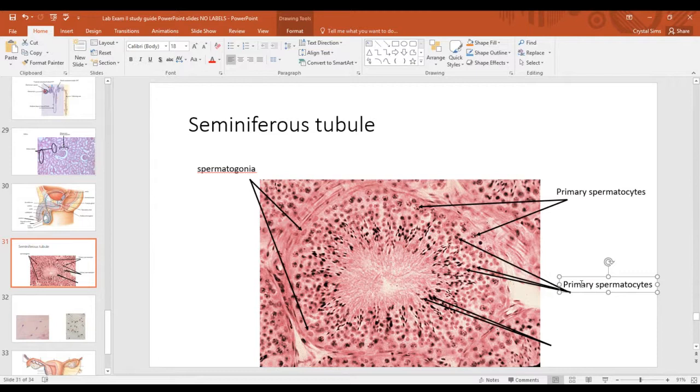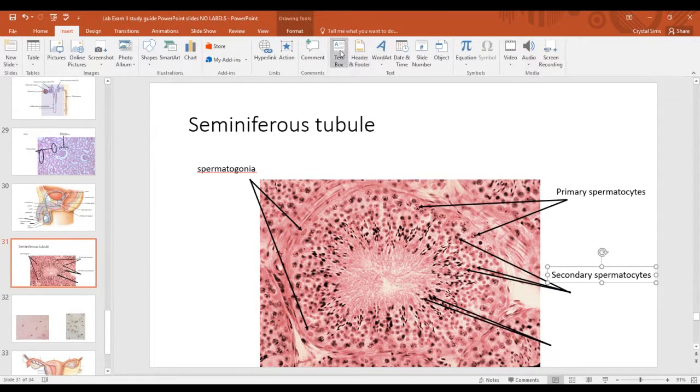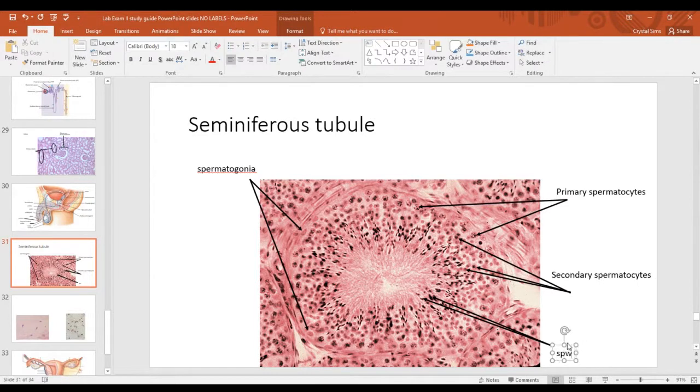So what is this? What organ or what area of the body would this be? You know what you're looking at here.